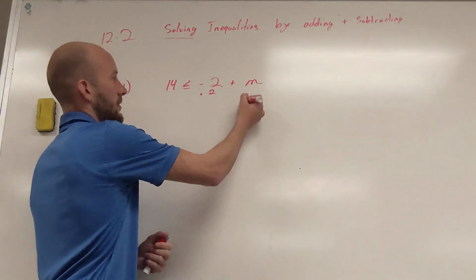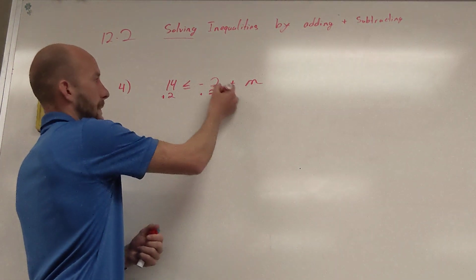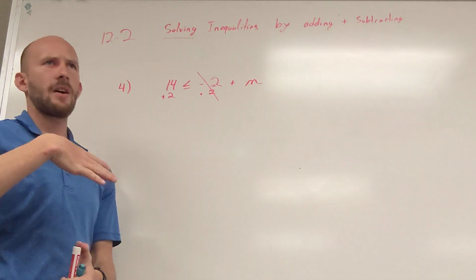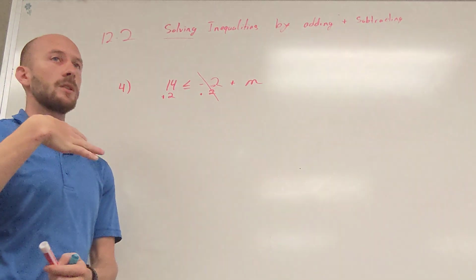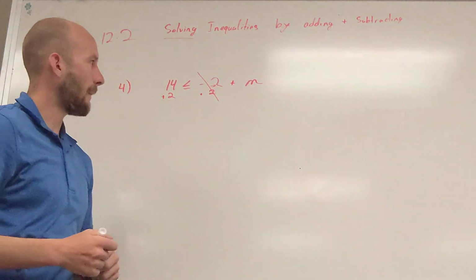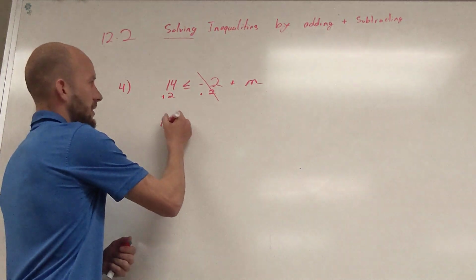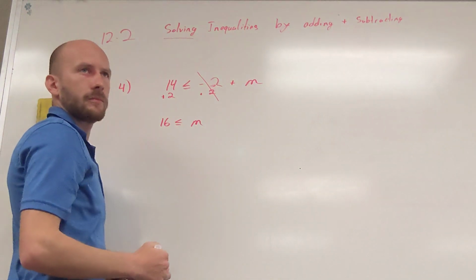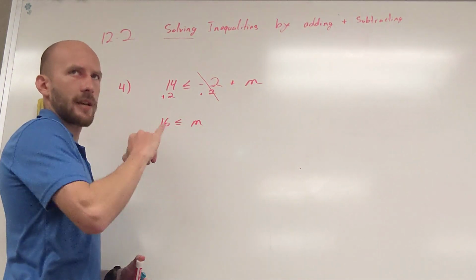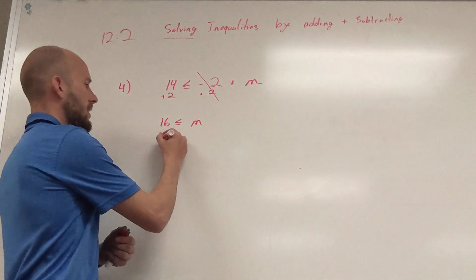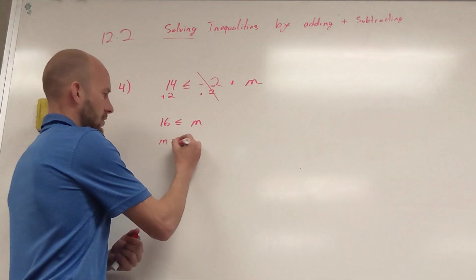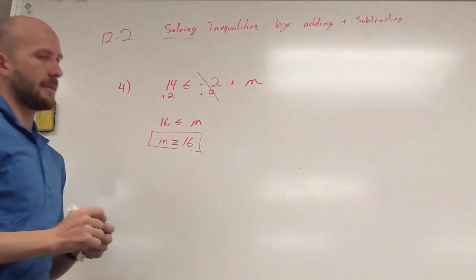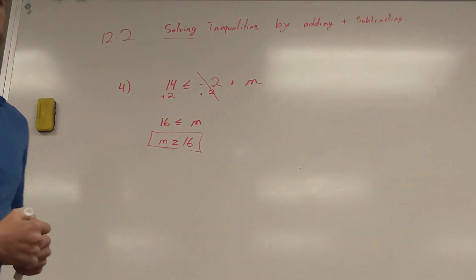So add 2 to both sides. Is everybody good with why that cancels out and I would not be using subtraction? Okay. So then I get 16 is less than or equal to m. And just like last time, I'm going to flip it around so that I have m is greater than or equal to 16.